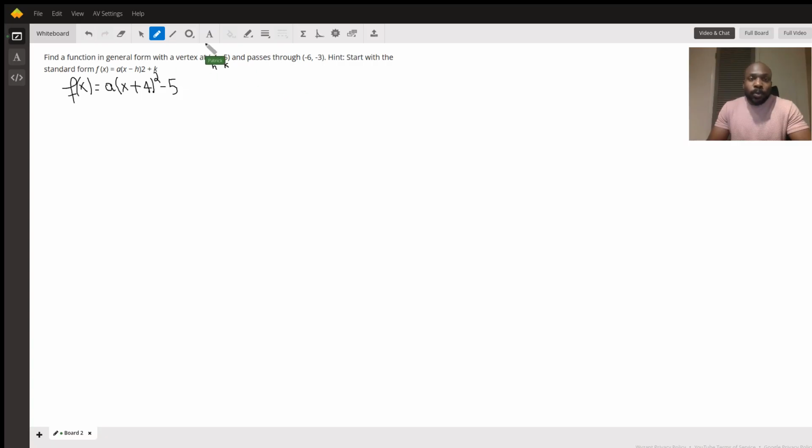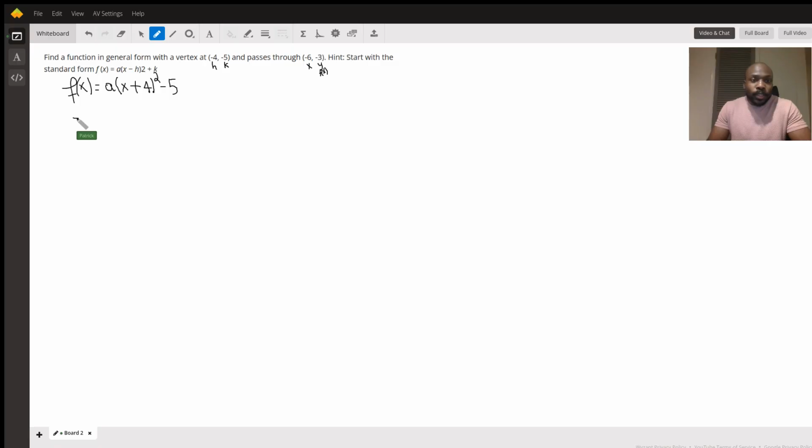Now they gave us 2 points, the vertex and this point here. So we're going to replace x by -6, and then y, aka f of x, we're going to replace by -3.